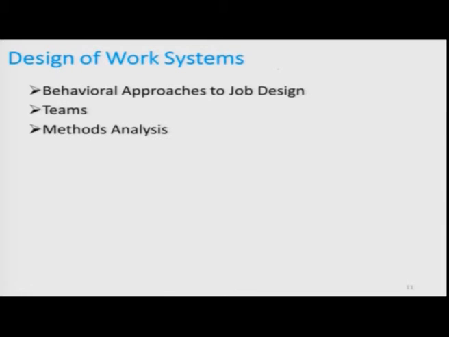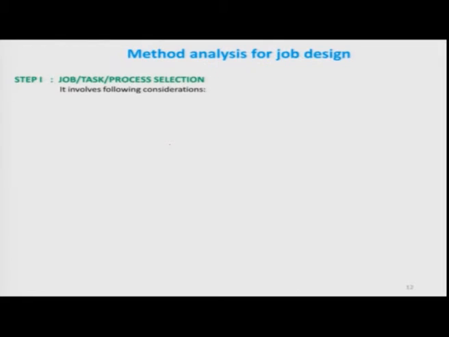Now, design of work system. These are the tools of designing of work system that I have already explained. We have approaches to job design. Second thing, a team is required for designing of a work system, and some technical tools that are called method analysis, I will explain later, motion study, working condition. Okay.